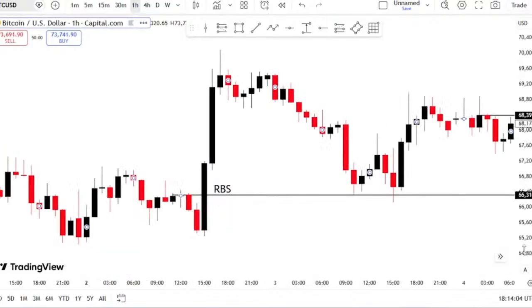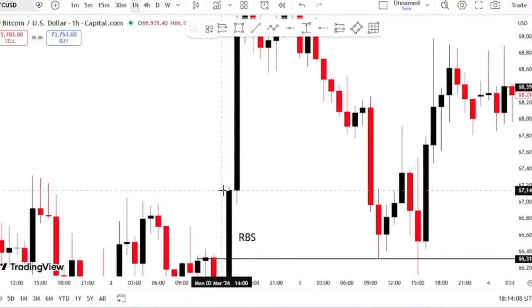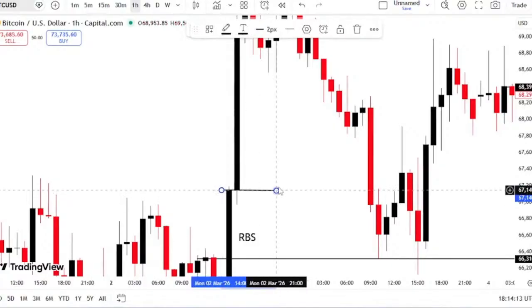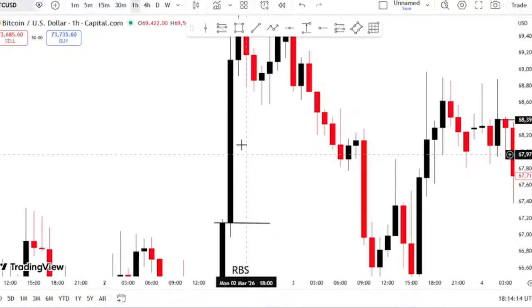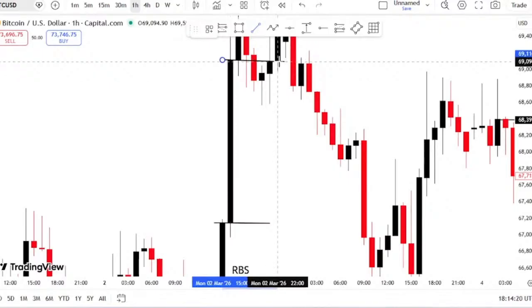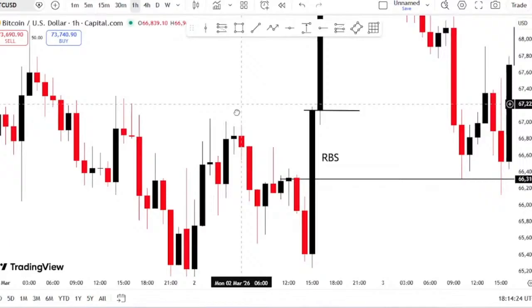This is open and close level. See it? Open and close. This is also one of the major key levels that price can react from.